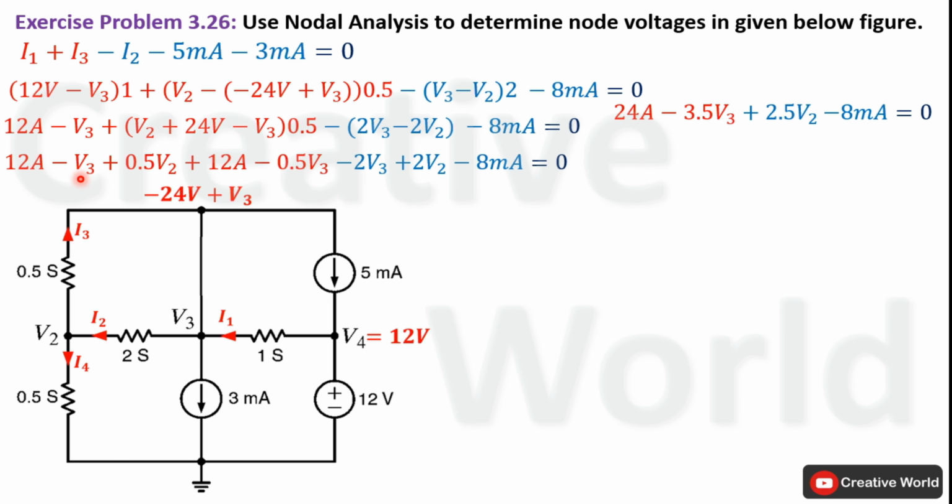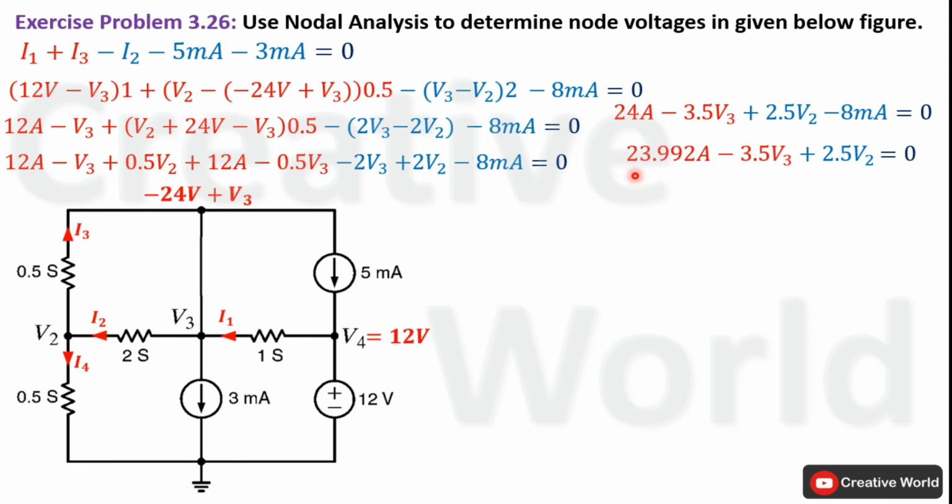Sum of minus V3, minus 0.5 V3 and minus 2 V3 will become minus 3.5 V3. Sum of 12 ampere and 12 ampere will become 24 ampere. Sum of 2 V2 and 0.5 V2 will become 2.5 V2. Now subtract 8 milliampere from 24 ampere.